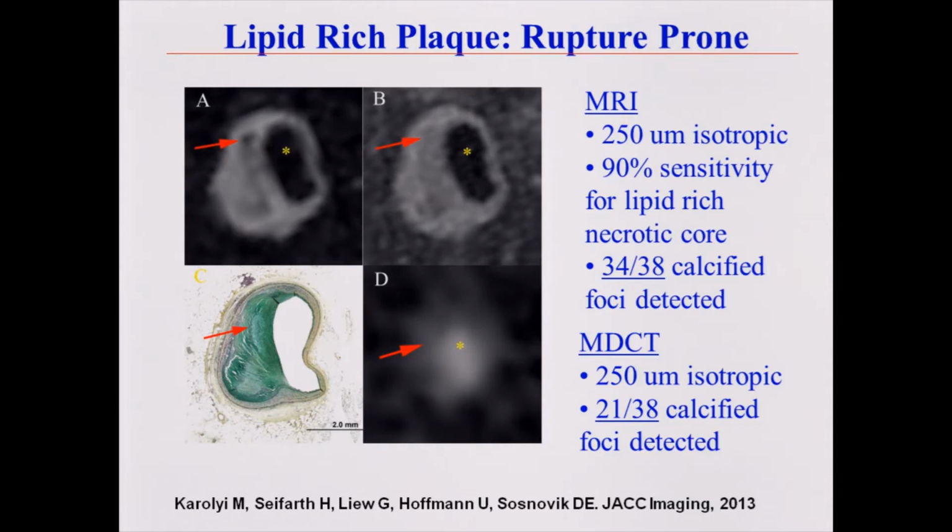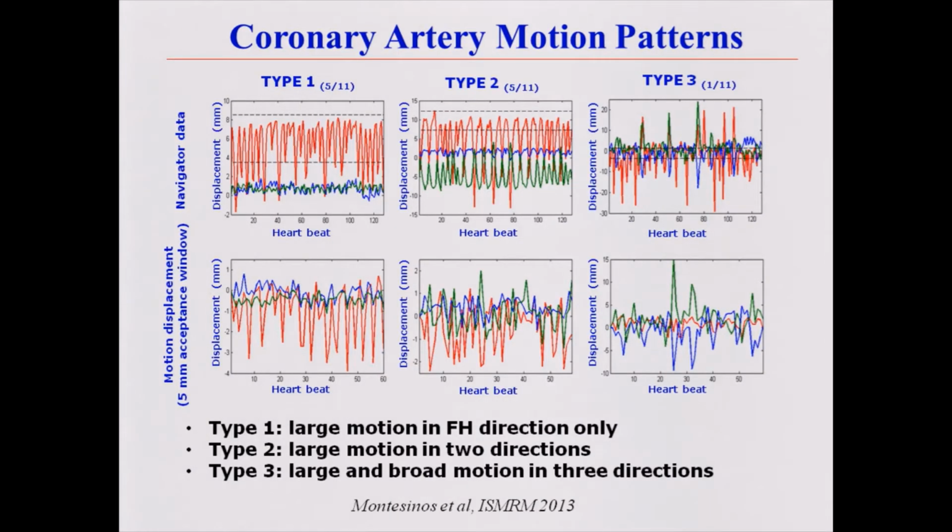And the optimists amongst you may say, great, we have MR. You've shown us some nice images. Let's go ahead and image vulnerable plaque in patients with MR. But there's a little wrinkle, and that's the motion of the coronary arteries, which is quite profound. This is work done by Paula Montesinos, a graduate student working with me.